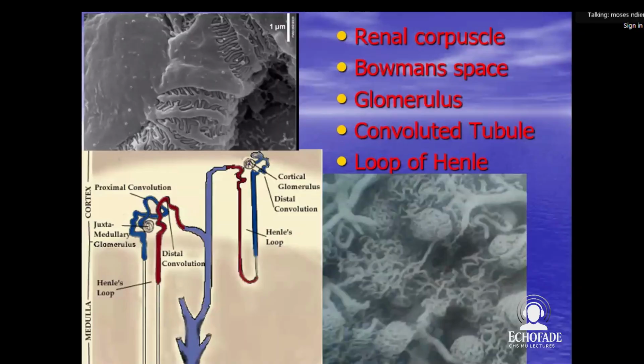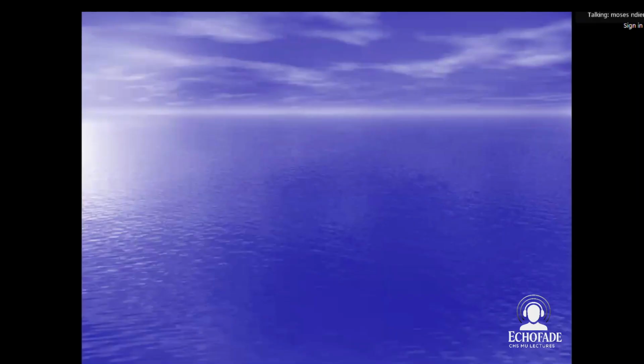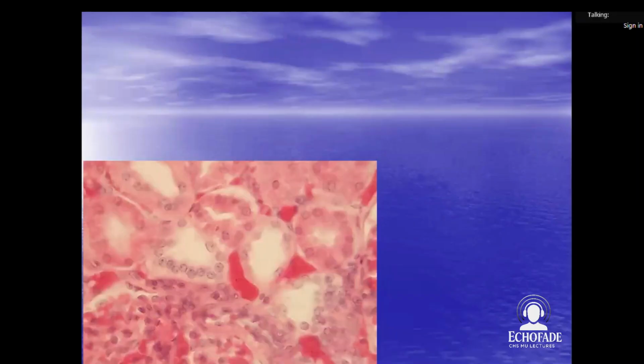So the papillary part of the collecting ducts empties into the renal papilla, into the minor calyces. So here we have the glomerulus, the Bowman's corpuscle, with both the epicytes, which are flat here, and the podocytes.